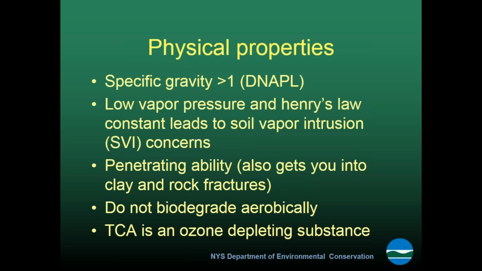And if that's a continuous layer of clay, it can pool there and be an ongoing source of contamination indefinitely, basically. It has a high vapor pressure and Henry's law constant, which leads to really significant soil vapor intrusion, both from soil contamination in the vadose zone, and from the contaminants volatilizing off of contaminated groundwater.